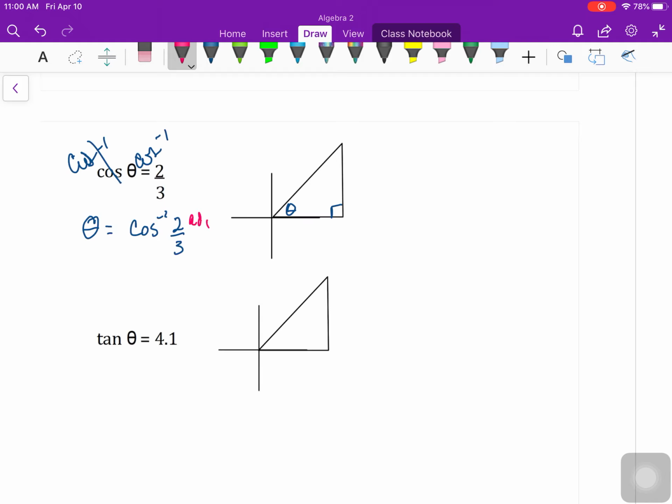Cosine is adjacent over hypotenuse, so my adjacent is 2, my hypotenuse is 3. Again, not a special triangle, so I have to do cosine inverse, so second cosine of 2 divide 3. And I get theta is 48.2 degrees.